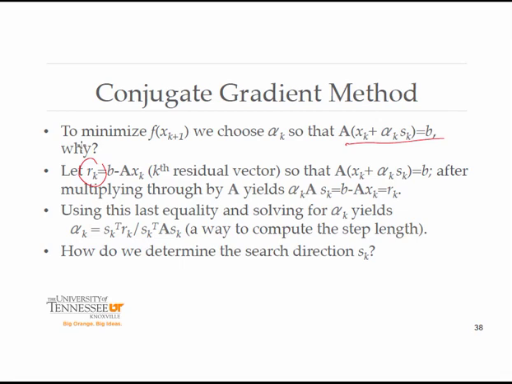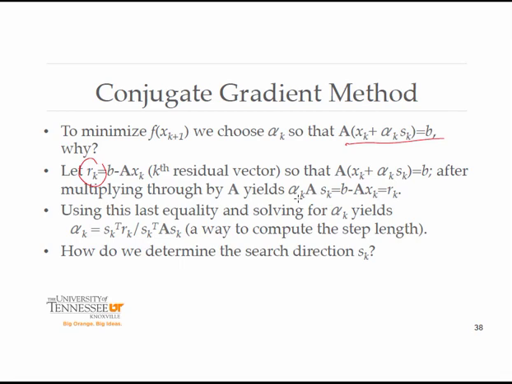And again, we're hoping that A(x_k plus alpha_k s_k) is equal to b. If you did some algebra, multiply through by A and collect the terms, then what you would have is alpha_k times A s_k is equal to b minus A x_k, and by definition that's equal to r_k, because that's what we're calling the residual, all right?